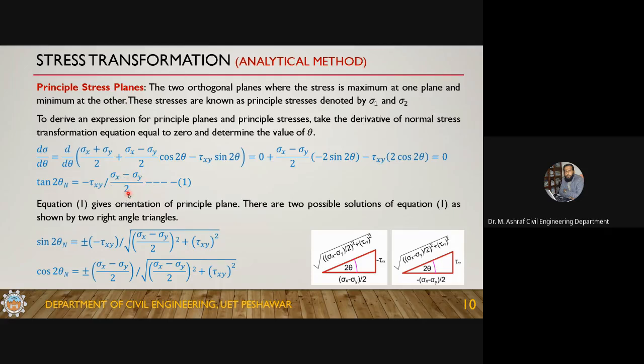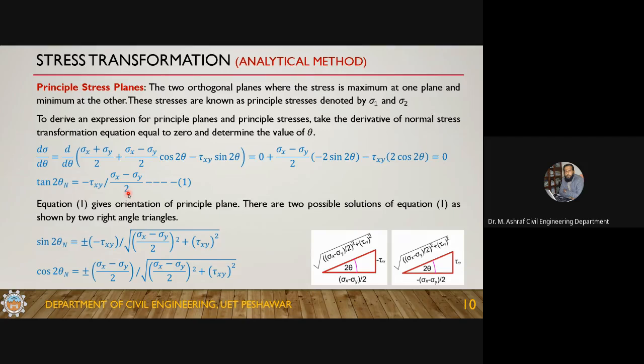So this equation A will give me a particular theta, or a particular plane, and at that plane the stresses will be principal stresses, either maximum or minimum.